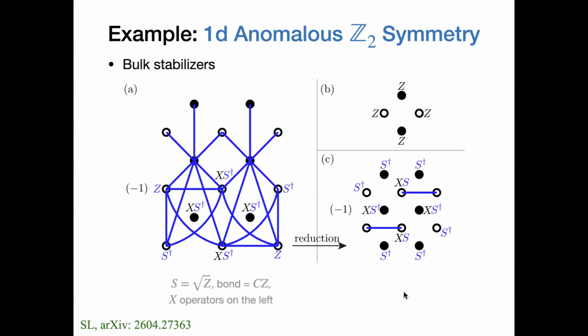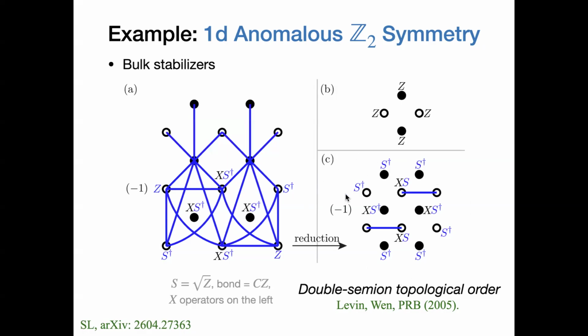Furthermore, I can show that this model actually realizes the double semion topological order first introduced in this paper. The key is to find the string operator generating the semion and then check the semion statistics.